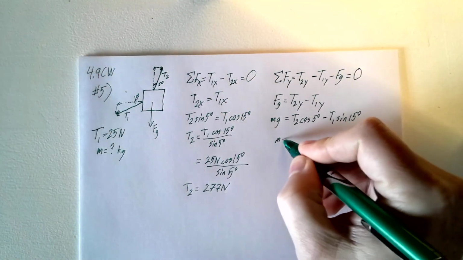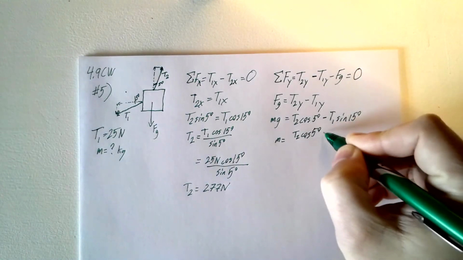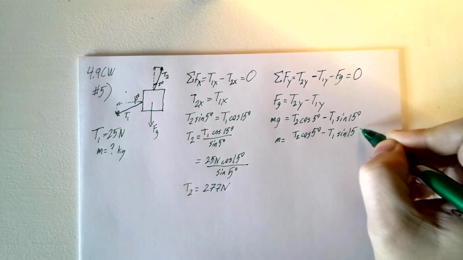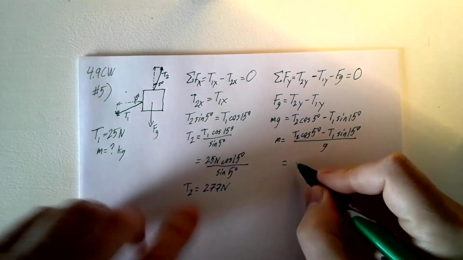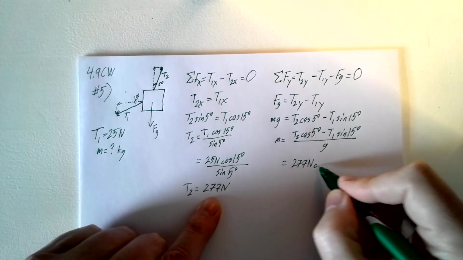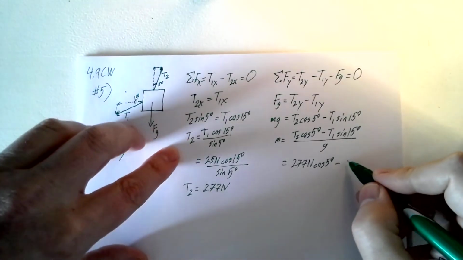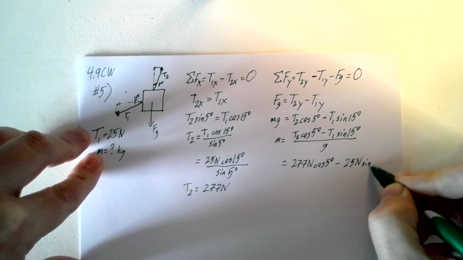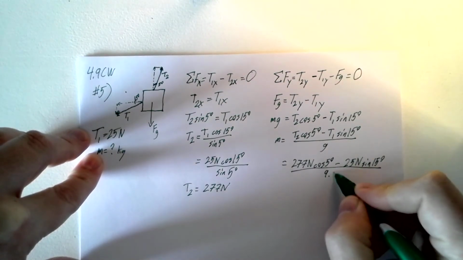So M equals, I'm going to rewrite the whole thing, okay, so T2, 277 newtons, cosine 5 degrees, minus T1 is 25 newtons, sine 15 degrees, divided by 9.81.